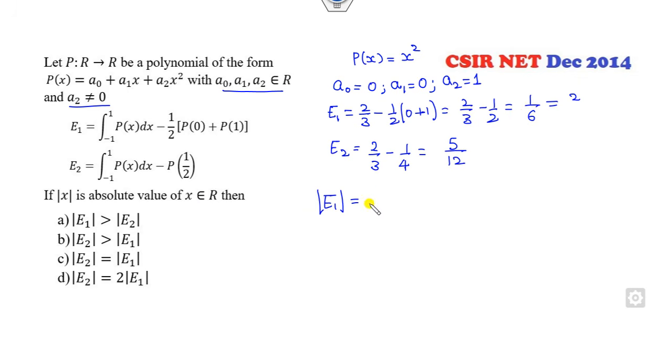It's 1 over 6, I can write as 2 over 12. What is my E2? E2 is my 5 over 12. Fine. Now you can see what is the right answer of this. E1 is greater than E2? Wrong. E2 is greater than E1, fine. Both are equal? Wrong. Is it twice of this? Again wrong. So the correct option is B, the right answer of this problem.